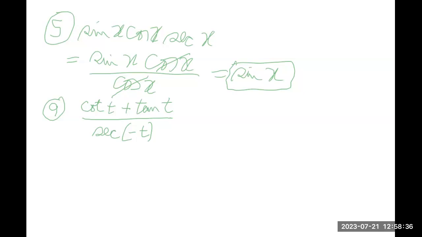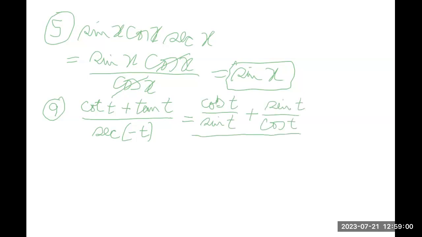So if I do that here, cotangent becomes cosine t over sine t, and tangent becomes sine t over cosine t. In the denominator, we can actually do two things.